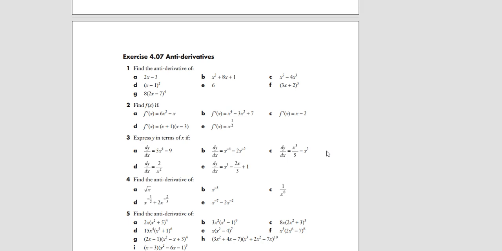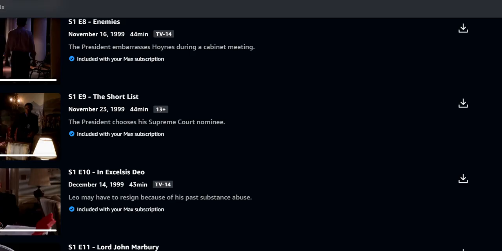So let's take the first problem, exercise 4.07. It says find the antiderivative of 2x minus 3. Let's go to our blackboard.